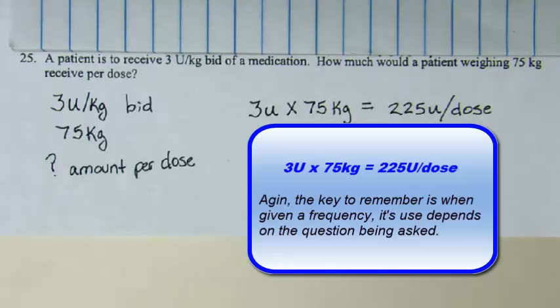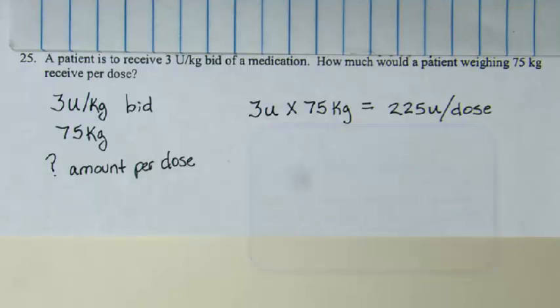Again, be cautious that when a frequency is provided, it is not necessarily used. The only time this would need to be divided by a frequency is if the dose was specific for a day total and the individual dose had to be broken down.